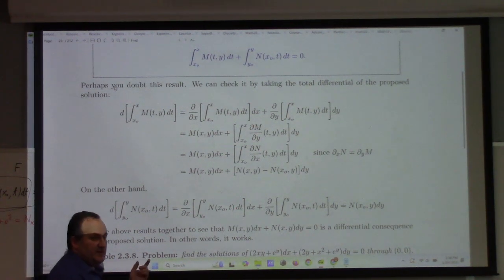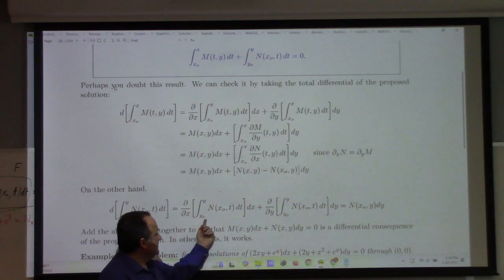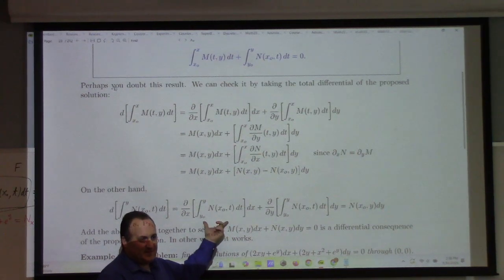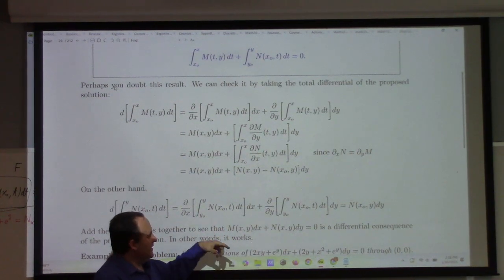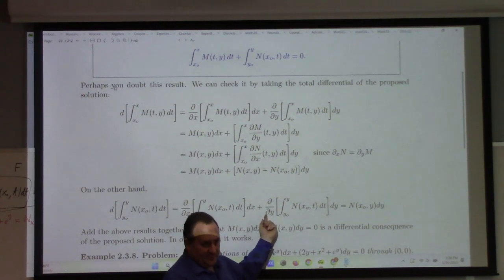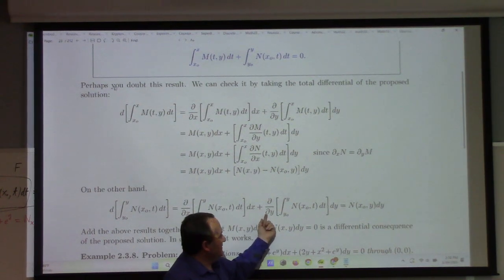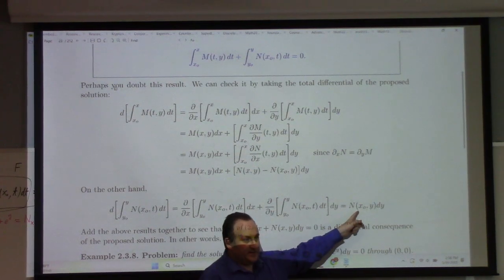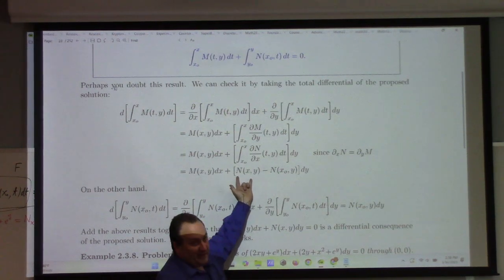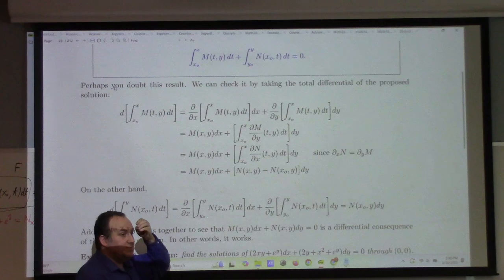Do you see any x dependence here? So this is 0. And over here, again, they cancel out, so to speak, by the fundamental theorem of calculus part 1, and that just gives us this. But that is exactly the thing we wanted to get rid of from the total differential of the other piece. So lo and behold, m dx plus n dy is the differential of this integral formula.